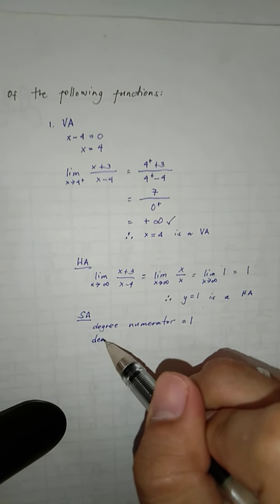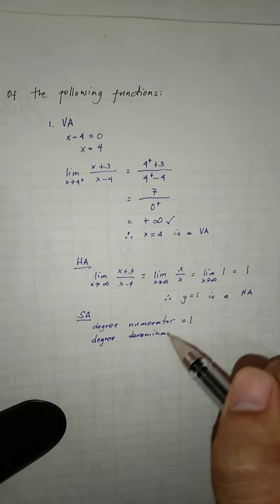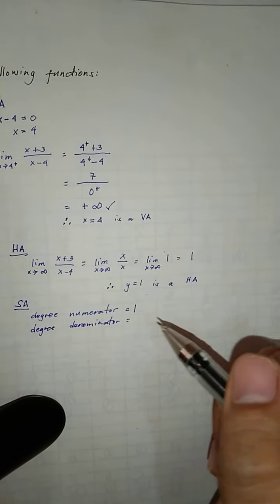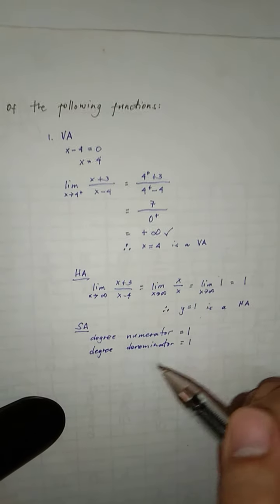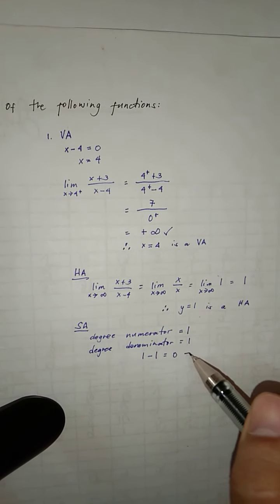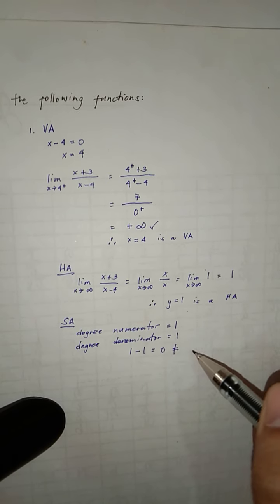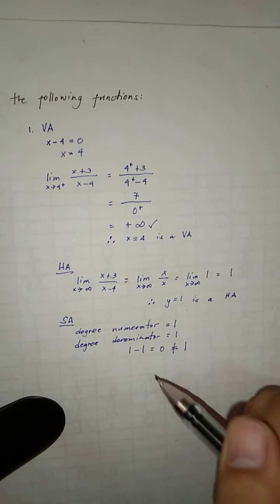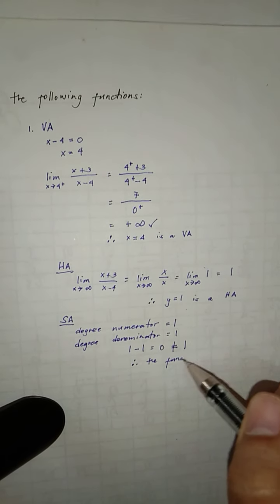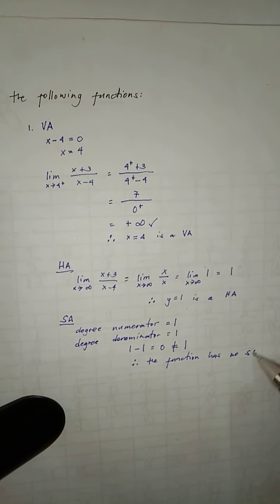Next is the degree of the denominator, which is also equal to 1. So let's subtract: 1 minus 1 is equivalent to 0, but for an SA to exist, the difference must be equal to 1. Since it's not equal to 1, therefore the function has no slant asymptote.